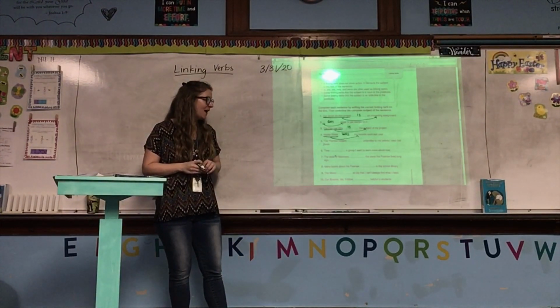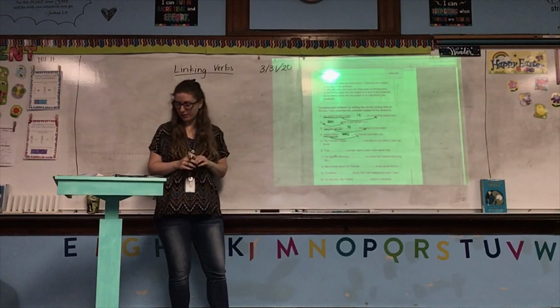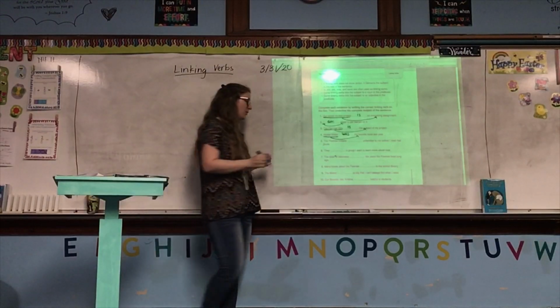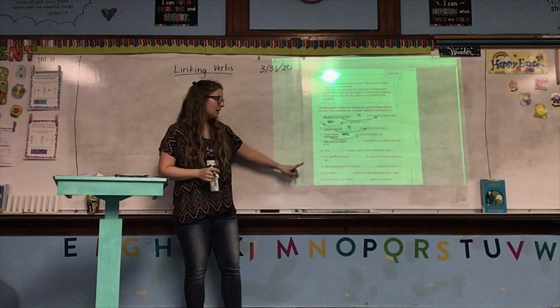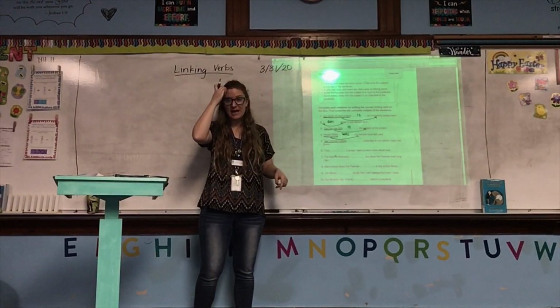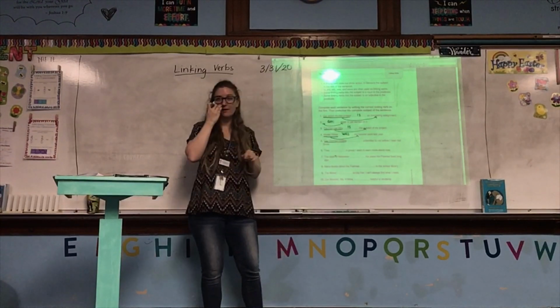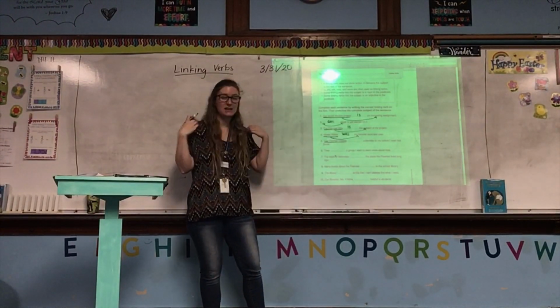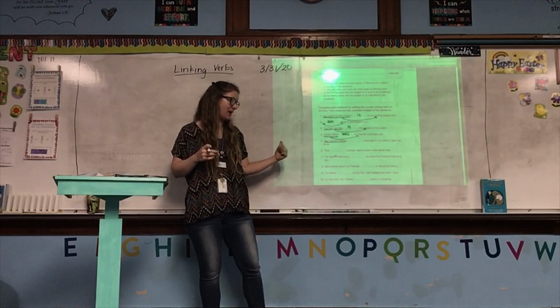Number 5, the Pawnee Indians blank unfamiliar to me before I read that book. So, we have the subject, the Pawnee Indians. And we know this is going to be in the past tense because it says, before I read that book. That means that this person who's writing this has read it now, but in the past they had not read it.